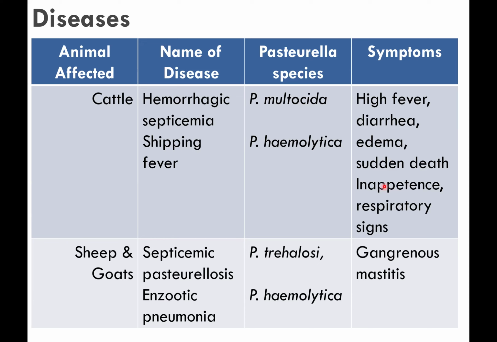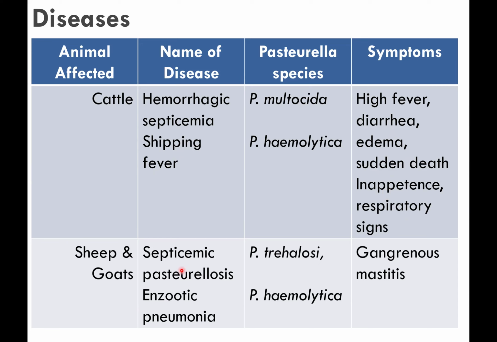This happens when there is a very stressful event in the life of the animal, for example, during transport, so it is called shipping fever. And then what happens is there is high fever, diarrhea, inappetence, and some respiratory signs.